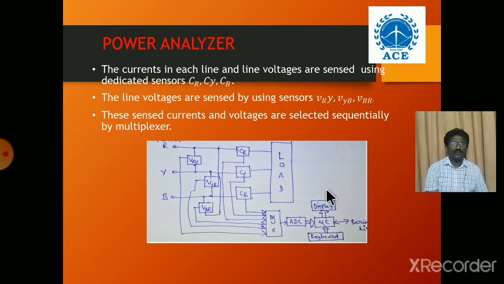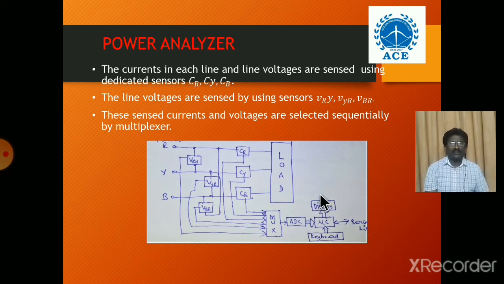So with the help of the display unit, you can observe the output of every sensing element, whatever you want. So that value you can monitor with the help of the display system.